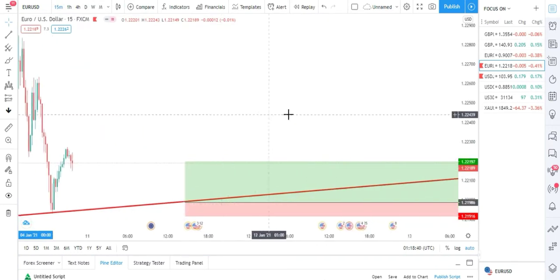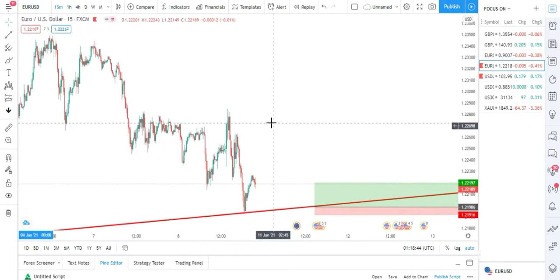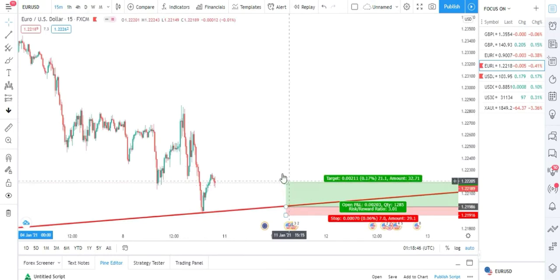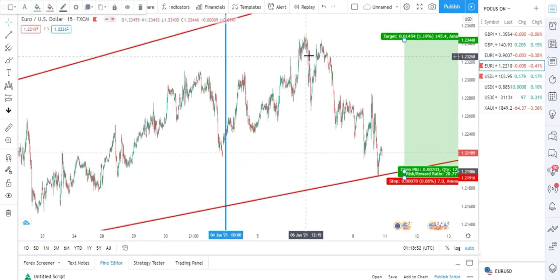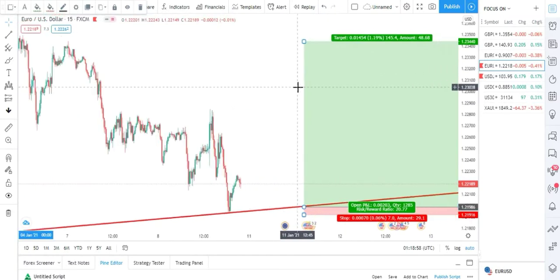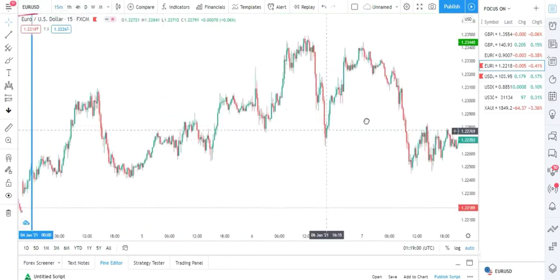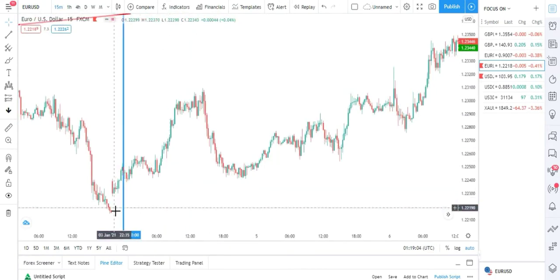This is what we could have done if I had patience and waited for the market to hit here. And what's even better, this could have been your take profit 1, and you could have pushed this up until the resistance level, guys.